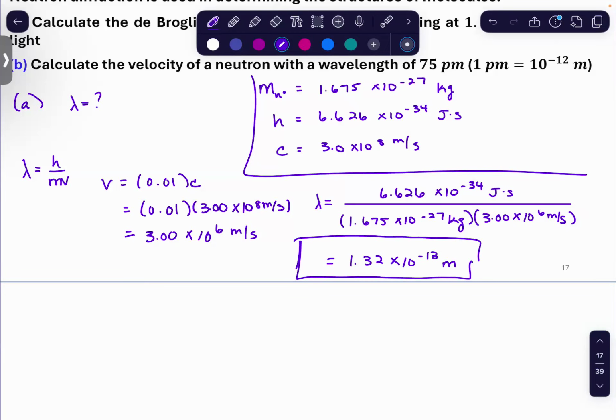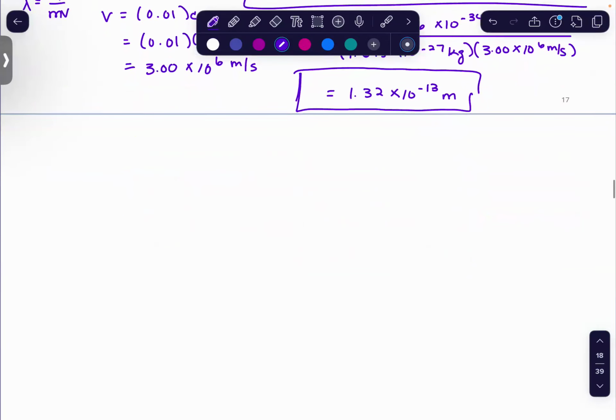Now, we have to ask, did these units work out? This is just a little aside that I'm doing to analyze the system. So we have joules times seconds, because we ended up with units of meters over kilograms, meters per second. Well, you have to know that the joule is the Newton meter.